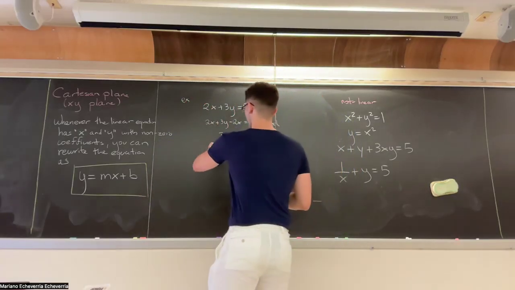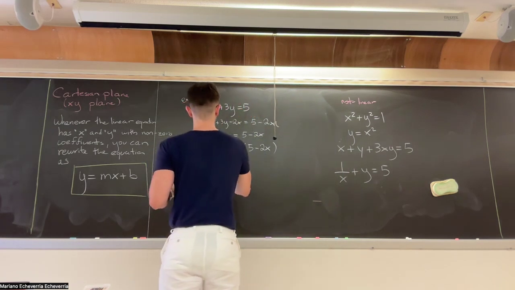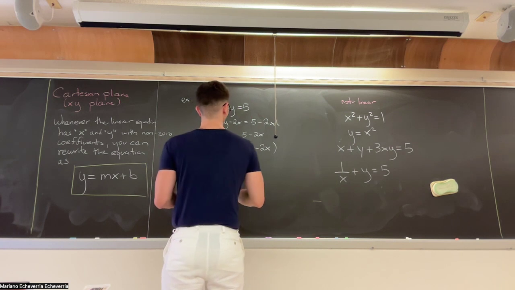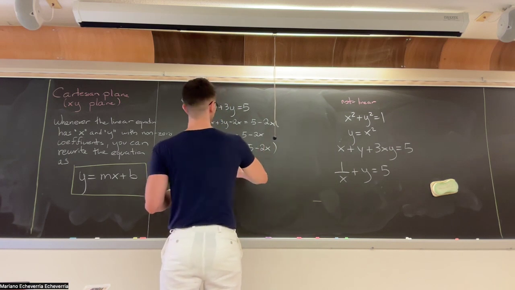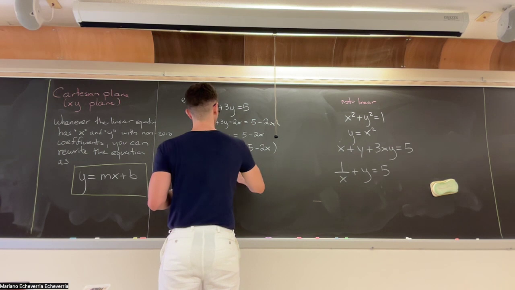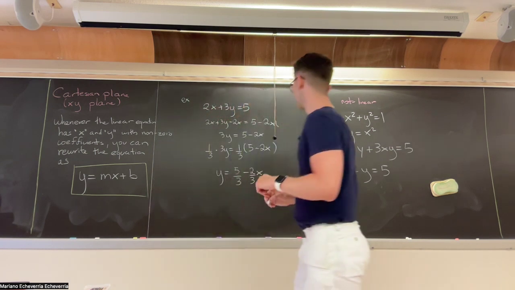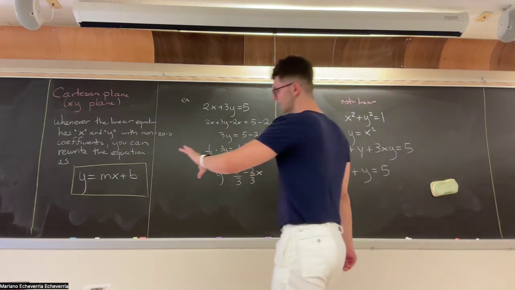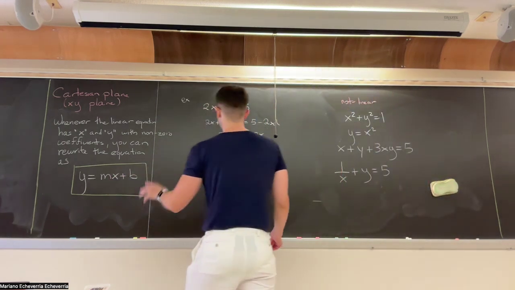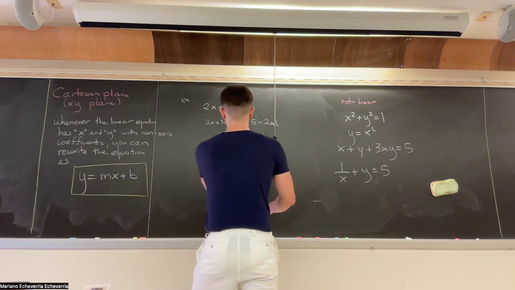And so this 1/3 with the 3 becomes 1, so you just get 1 and y, which is y. And then here you can distribute, so you get 5/3 minus 2/3 x. Okay, and the way I'm writing it is for the x to appear as the first term on the right hand side.